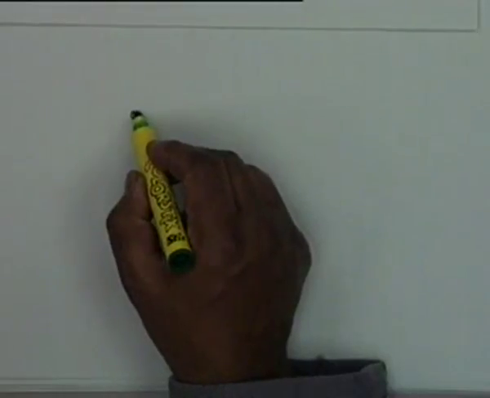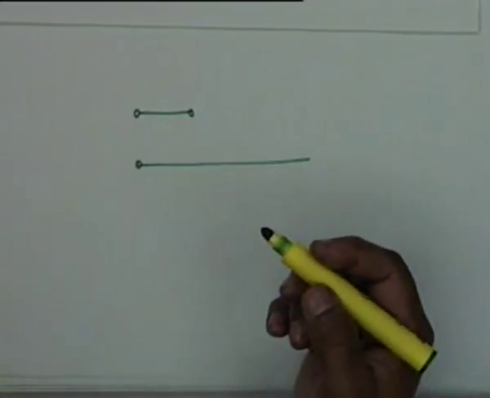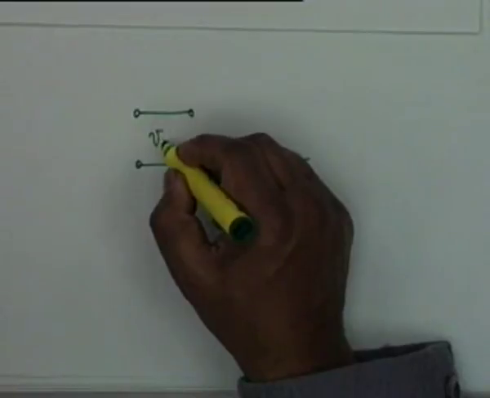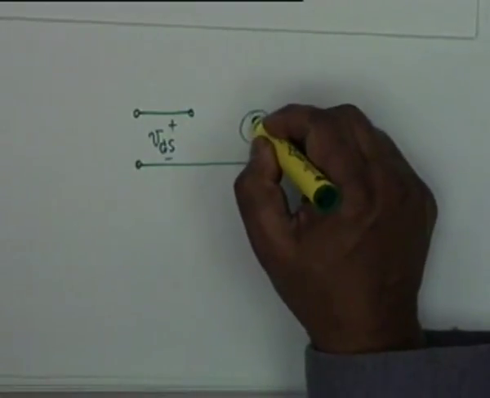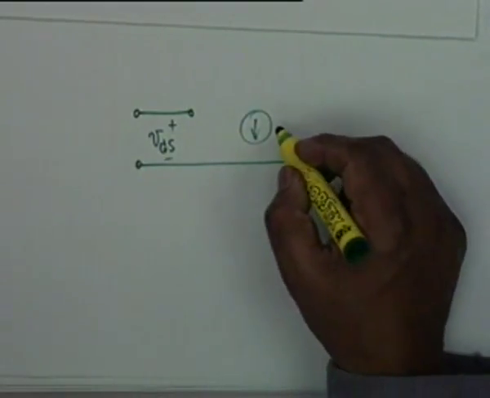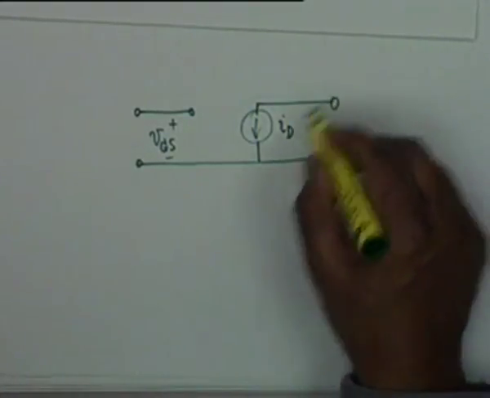As you can see, the model for an FET would be much simpler. You have a VGS here, and there is a current I sub D here. That's it.